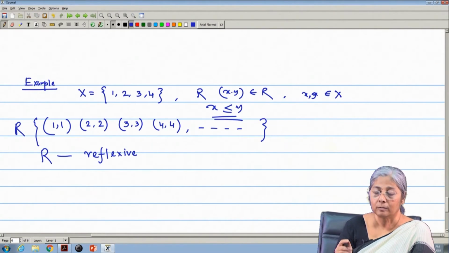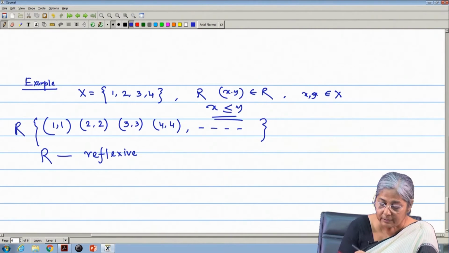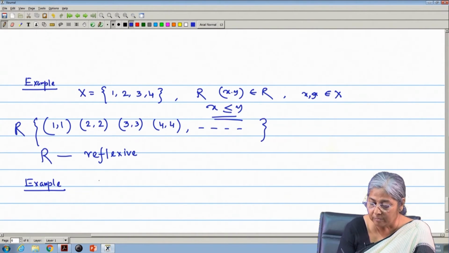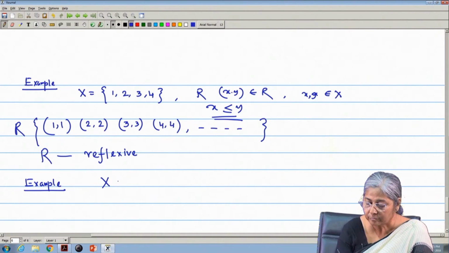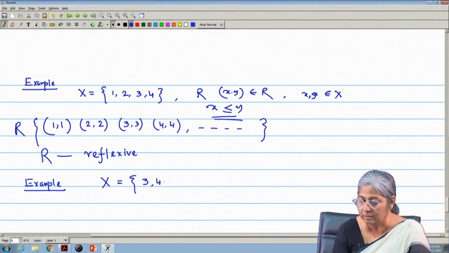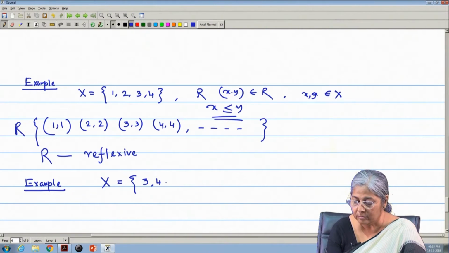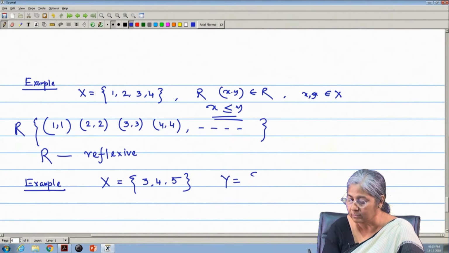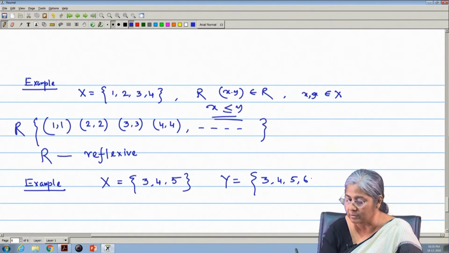And then another example we have seen: x divides y. We take some x as 3, 4, 5 and y as 3, 4, 5, 6, 7.